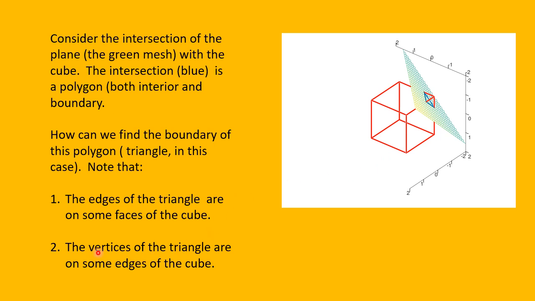The vertices of that triangular intersection are on some edges of the cube. For instance, this vertex right here of the triangle is on this particular edge of that cube. So edges of the triangle are on faces of the cube, vertices of the triangle on edges of the cube.